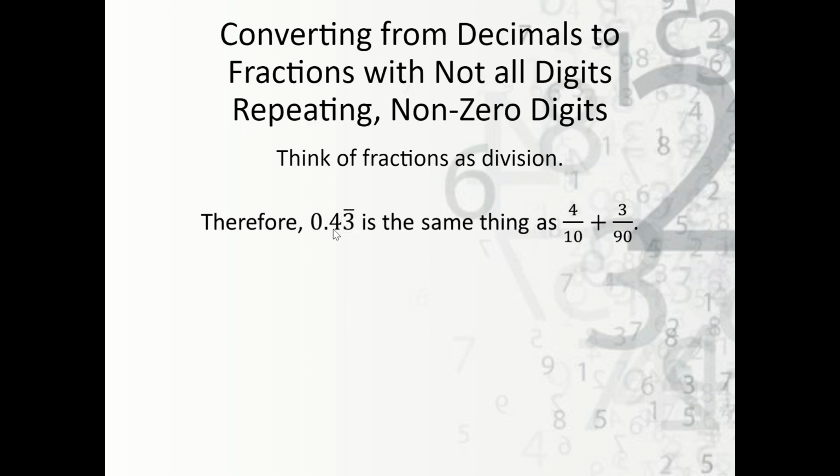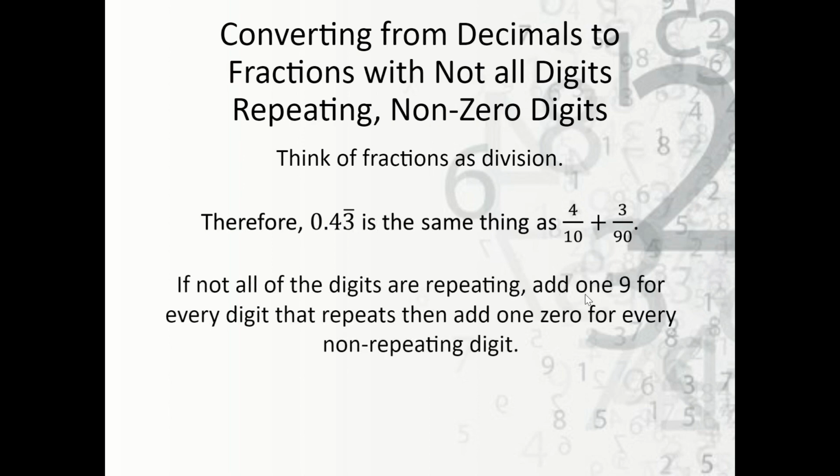So 0.4 is 4 over 10, and this is really 0.03 because we've already included this 0.4. So this will be 0.03 repeat. So we use our rules here to get 4 over 10 for the first part, and we use our rules for this to get 3 over 90, and then we just add those by finding a common denominator.